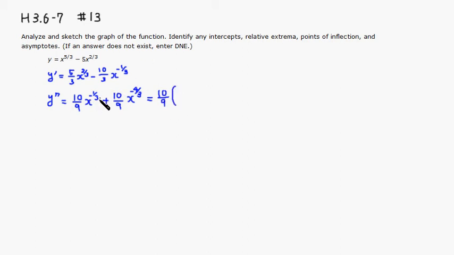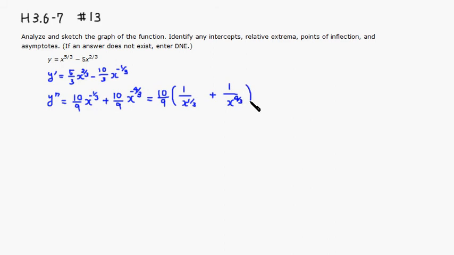So x to the negative 1/3 is 1 over x to the 1/3 power. It's kind of hard to see, so this is 1/3 power. Then plus, you're going to have 1 over x to the negative, negative, so it's a 4/3 power.